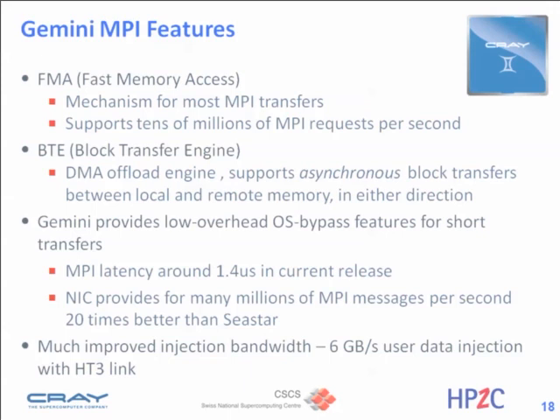This has some higher startup time, but if your application and your programming model can support it, it can perform asynchronous communication. Okay, you can think about 6 gigabytes per second as injection bandwidth, the bandwidth at which you can send or get data out from the interconnect.